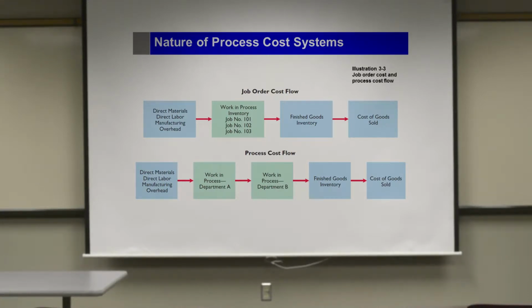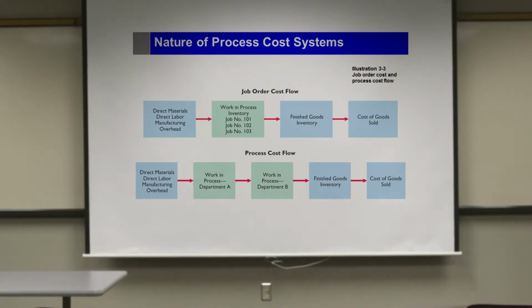In the process costing system, the costs are similar: direct material, direct labor, and manufacturing overhead, where direct labor and manufacturing overhead together are called the conversion cost, because those costs are used to convert the direct material into the finished goods.